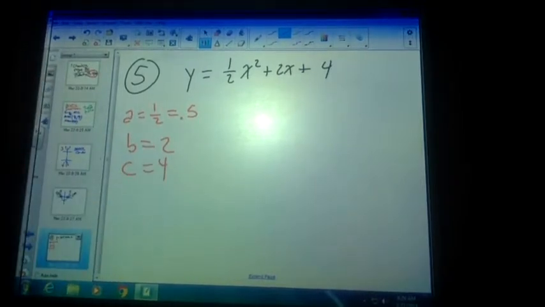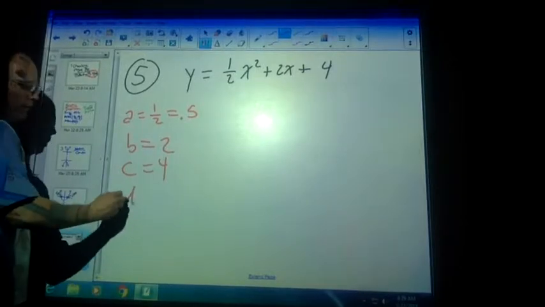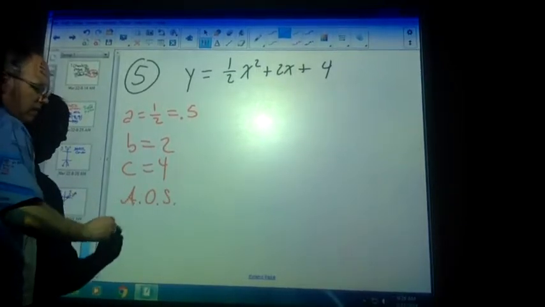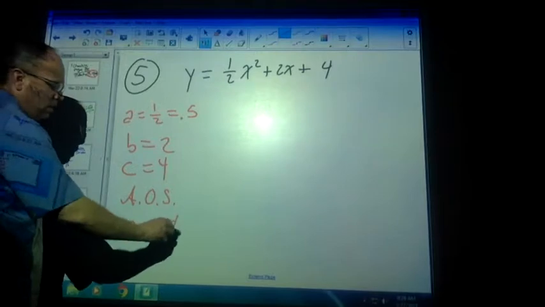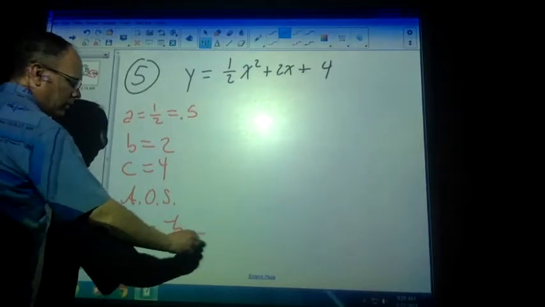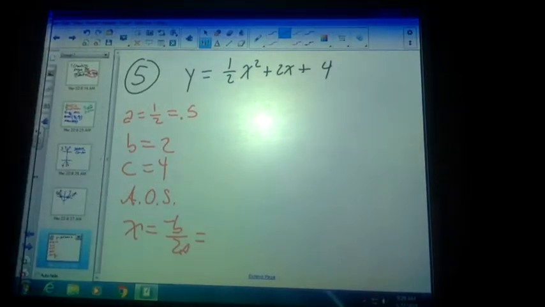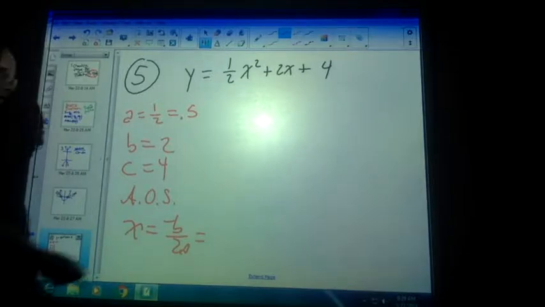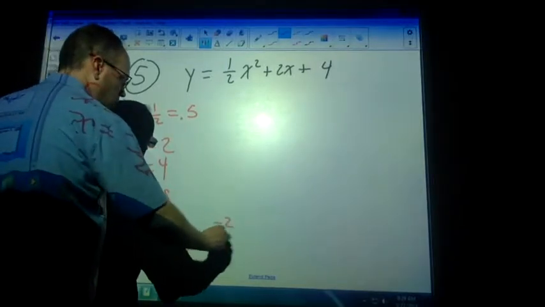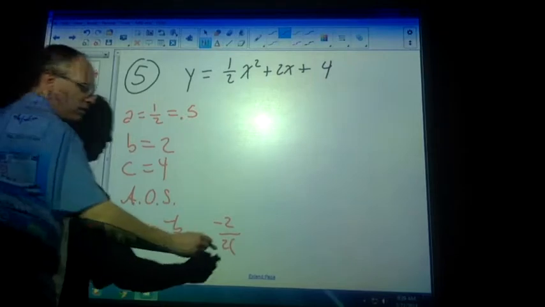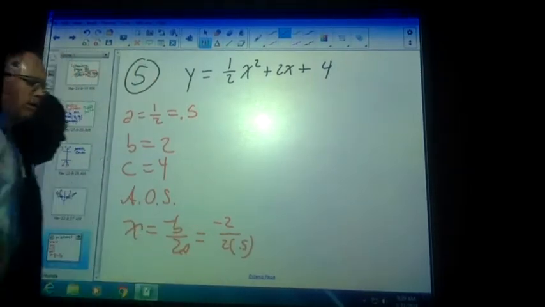Okay. Why do you think I'm changing the 1/2 to 0.5? When we try to find our axis of symmetry, AOS, that is x equals negative b over 2a, right? Will we be given that formula? I would say know it. We say it all the time. So negative b, so negative 2 over 2 times a. If a is 0.5, we can do that.